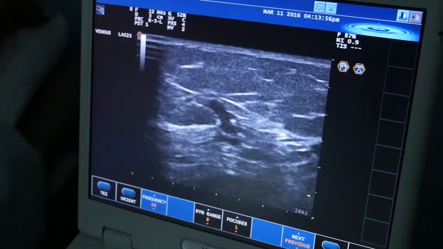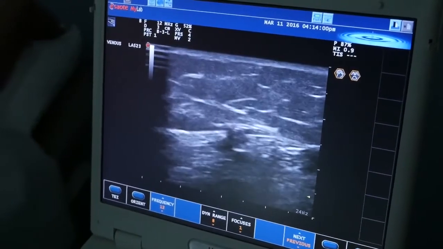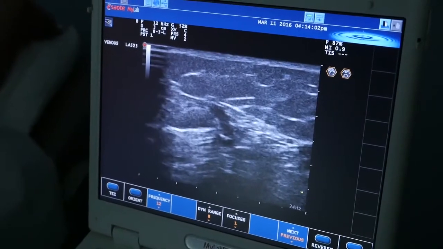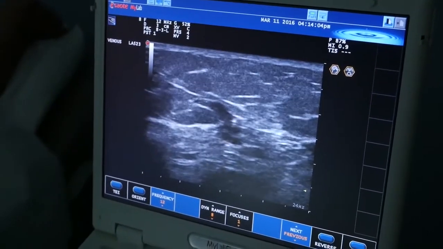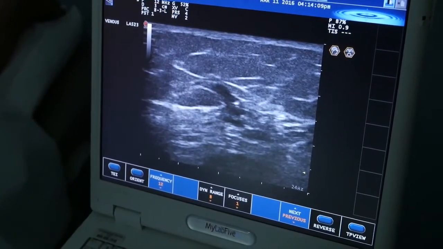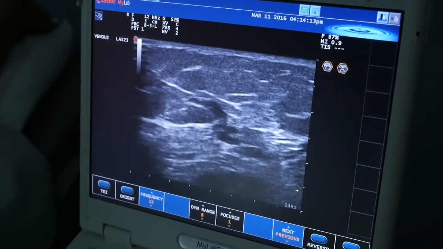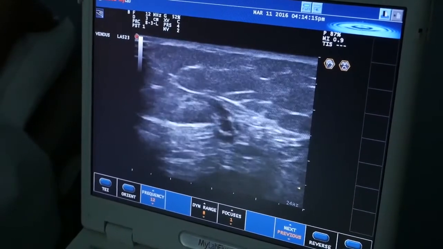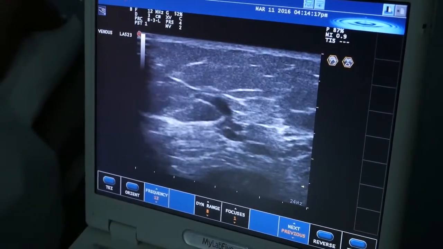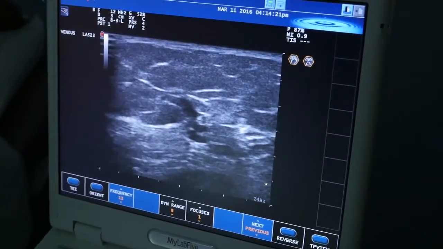You can see the superficial portion of the vein is pointing to the left side of the screen, and we are going to try to get our needle tip in the same frame that we're looking at here with the ultrasound. So we'll insert our spinal needle longitudinally underneath the ultrasound probe and try to position the tip of the needle in the correct plane in order to access the perforator.